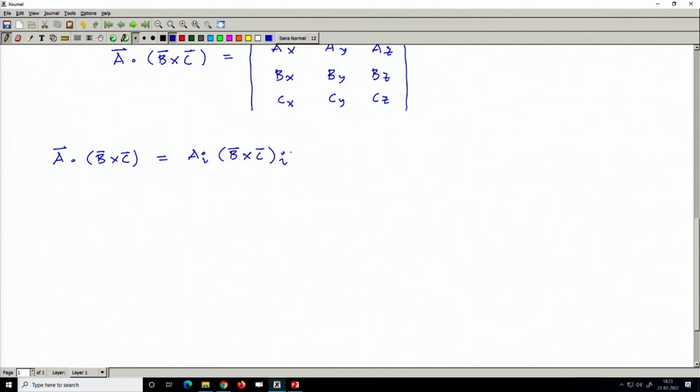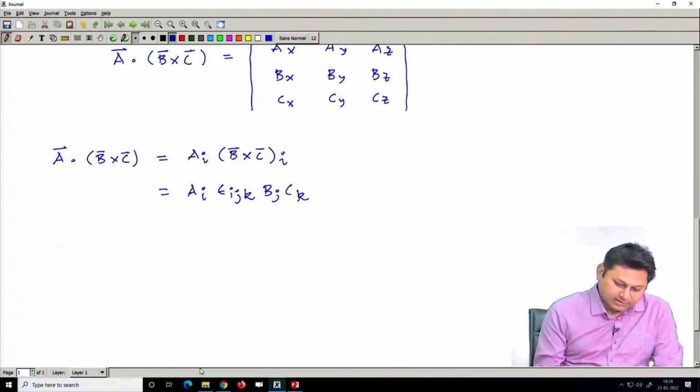This is the way we define it. Now, if I expand this, last day we mentioned that for two vectors, the ith component of B cross C in terms of the Levi-Civita symbol will be epsilon_ijk b_j c_k.